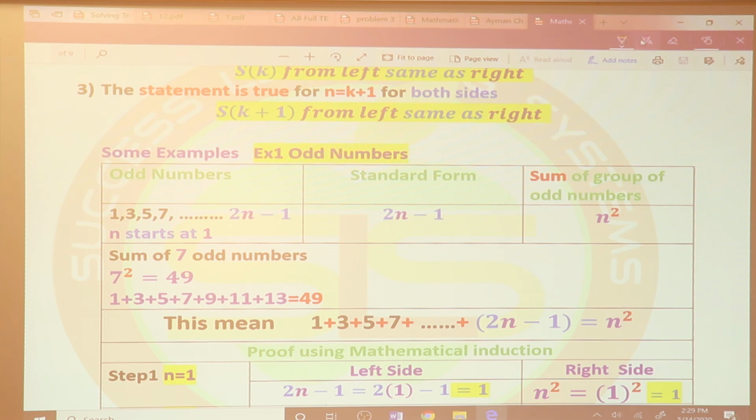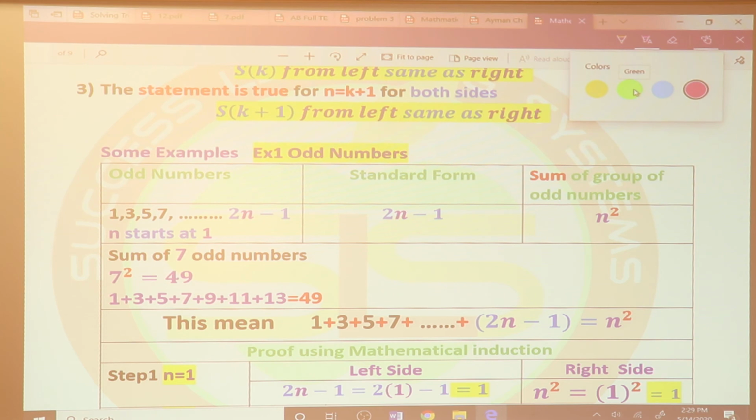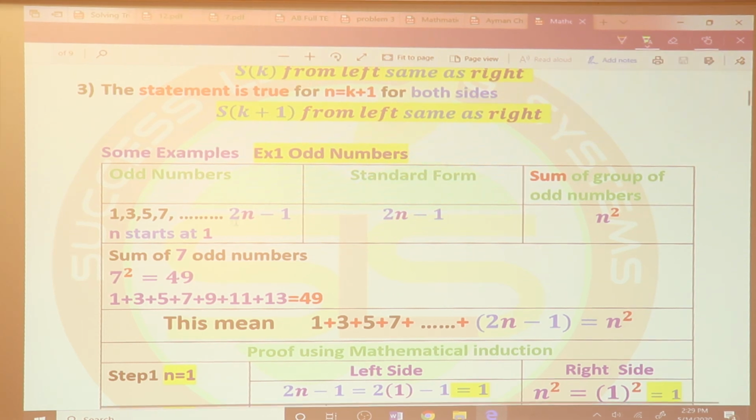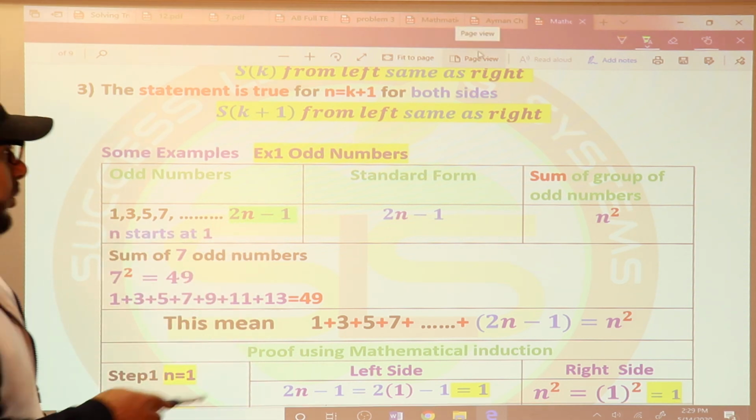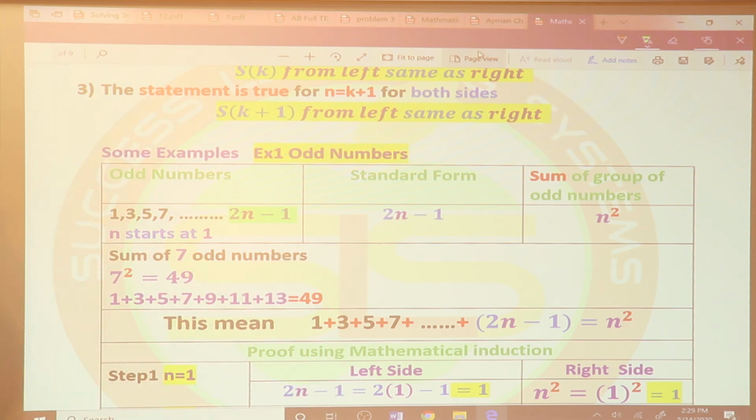What I need you to remember, the standard form for any odd number is what? It is 2n minus 1. This is the standard form for any odd number, 2n minus 1.